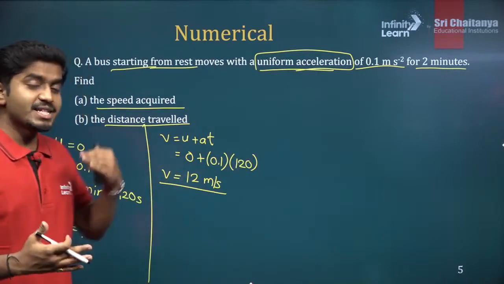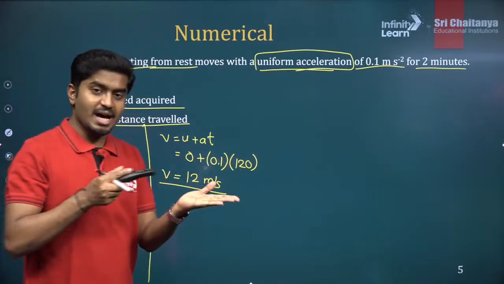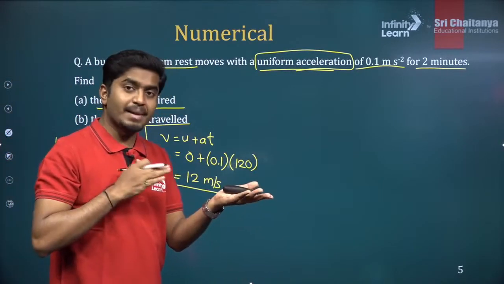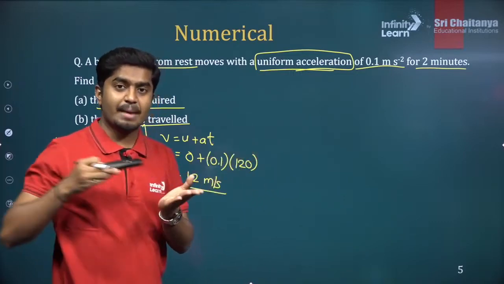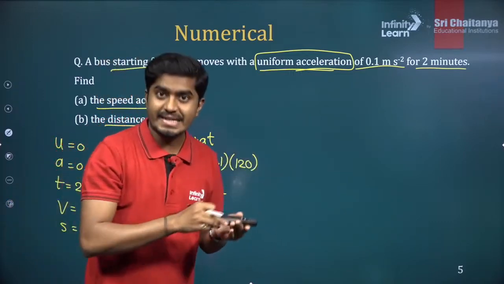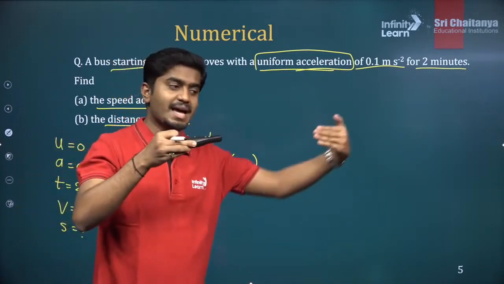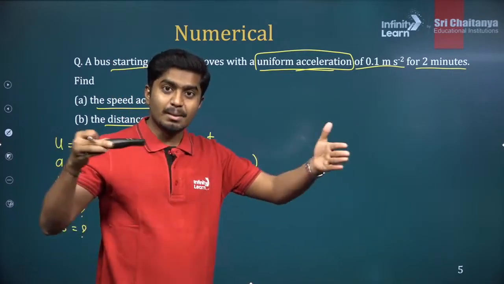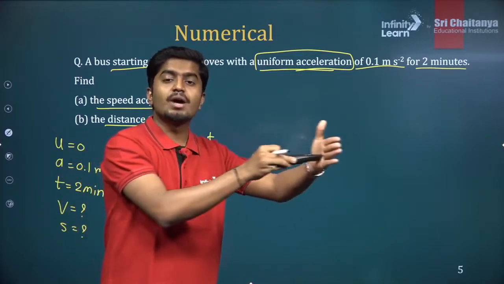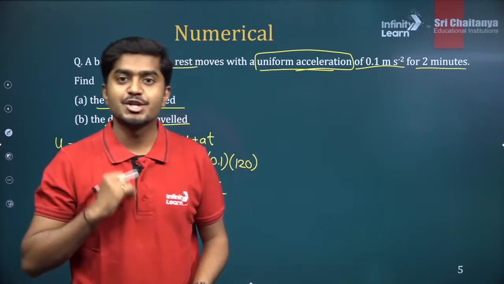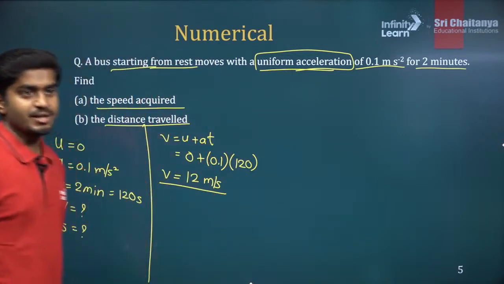So if the acceleration is positive, so if this car is moving in this direction, if I apply the force in the same direction, what will happen? The speed of the car will increase. That is a positive acceleration. But let's suppose if the car is moving in this direction and I oppose the motion, so car will slow down. So that is the retardation or negative acceleration.